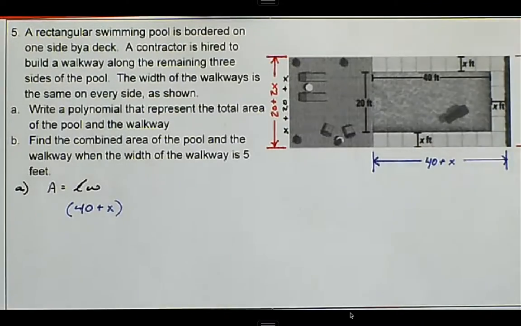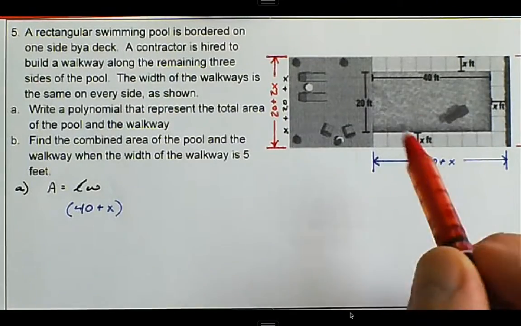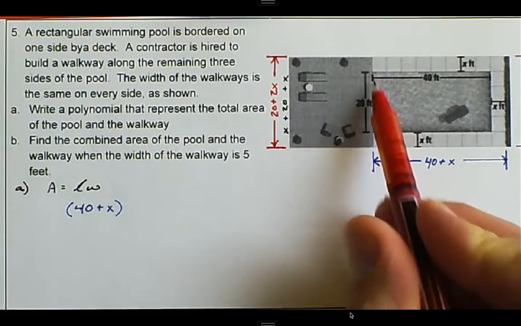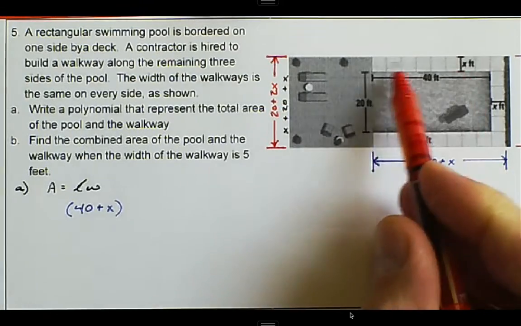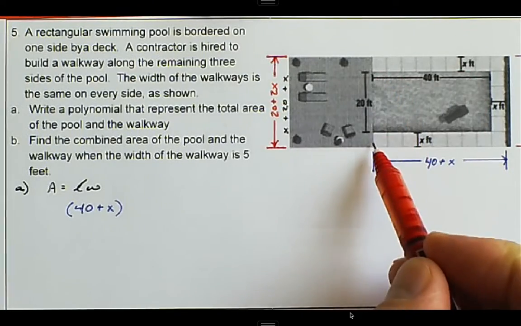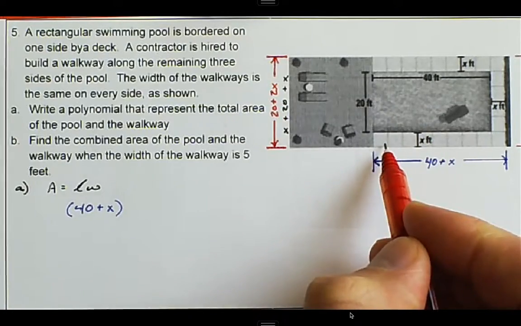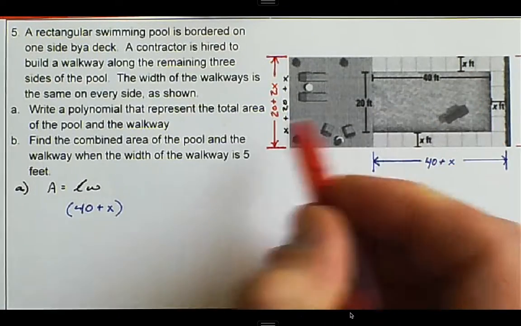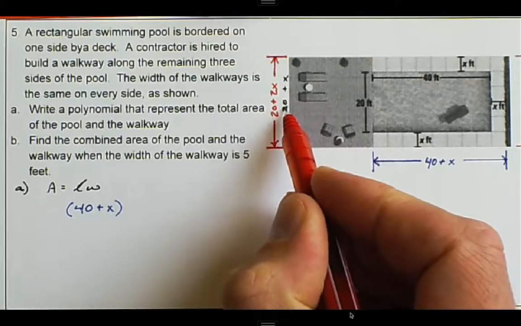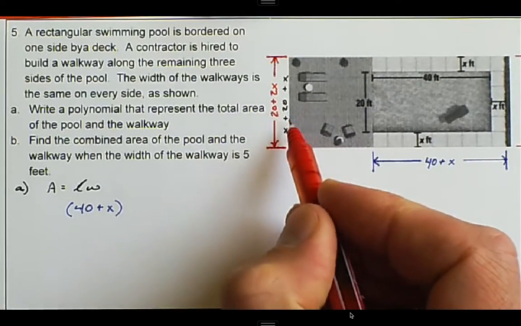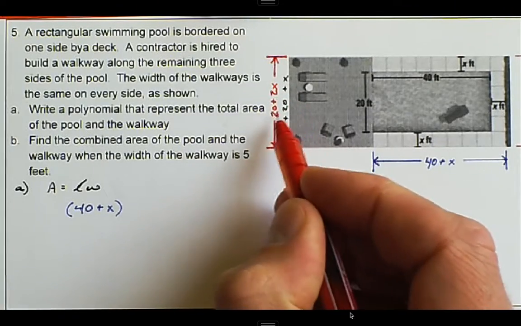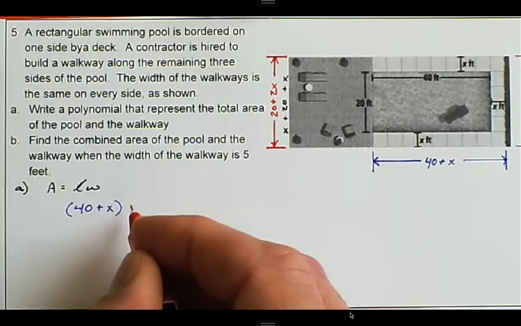The next one is the width. And the width in this case is the width of the pool, which is 20, plus the walkway again down here. So it's the walkway x plus 20 plus x. So x and x is 2x, so it's 20 plus 2x.